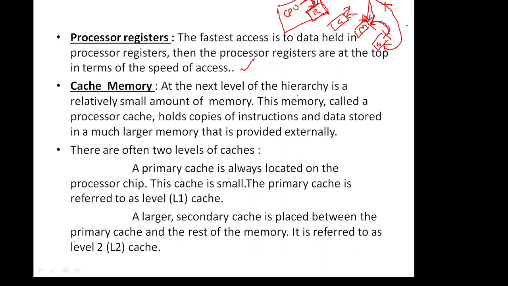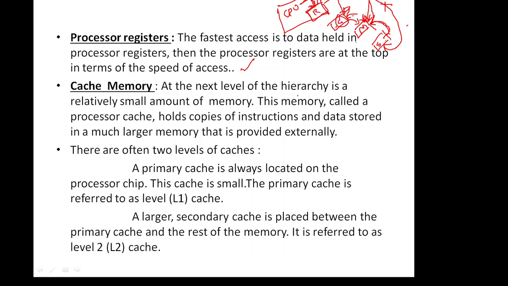If the CPU wants it, it will directly take it from the cache memory. If the data is not present in the cache, then only it will go to the main memory. So the access time is going to be very fast. Why? Because the cache contains fewer instructions, so it can fetch the instruction very easily.